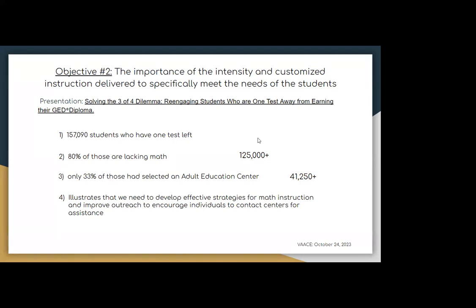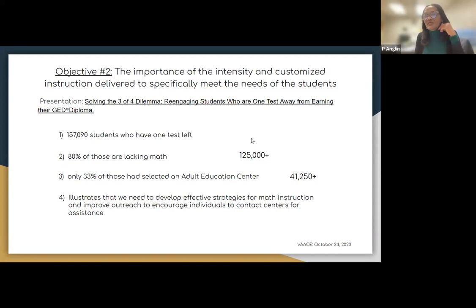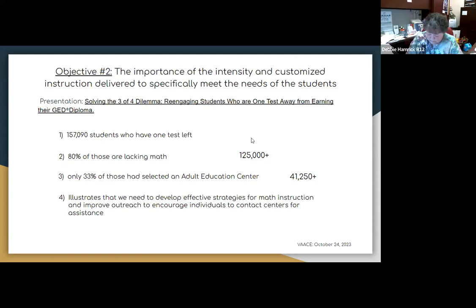The students always give their success stories to one another about what helped them pass particular subjects they were struggling with. It's very helpful and very motivating to students trying to pass all aspects of the GED test.